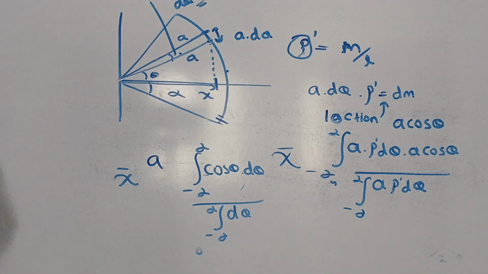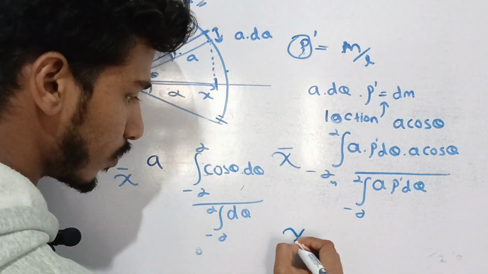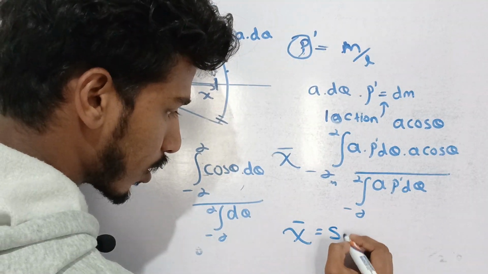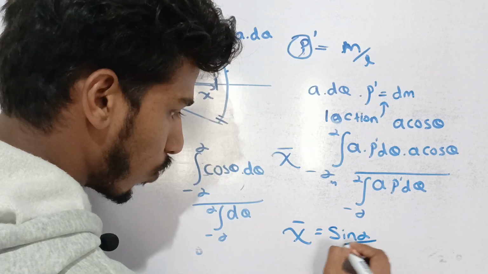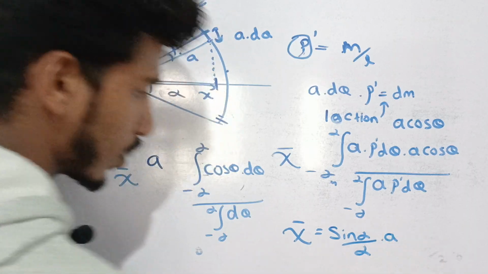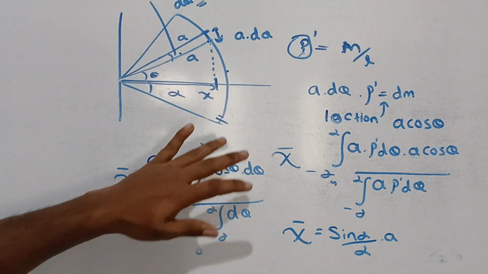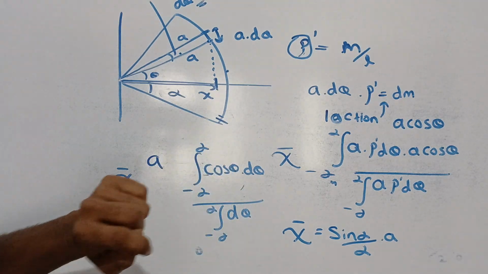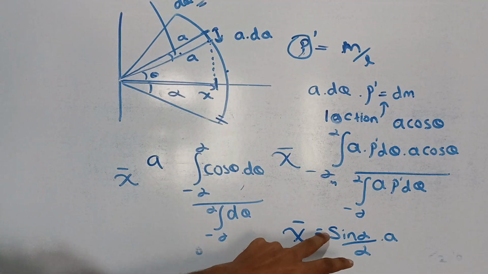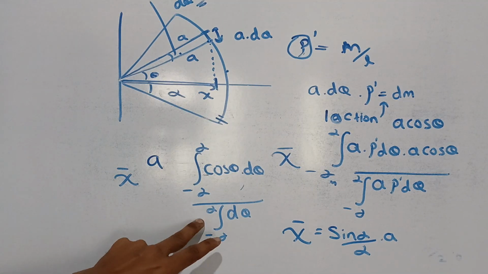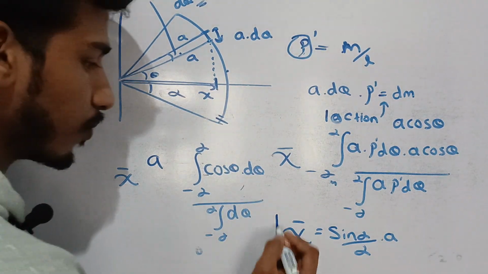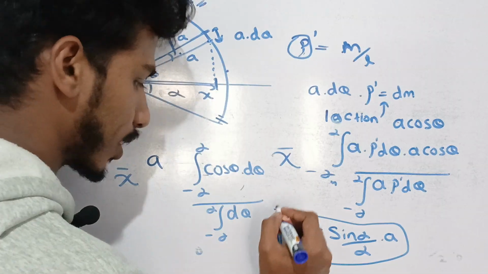So we'll have an answer of sin alpha over alpha times the radius, because the limits give 2 sin alpha in the numerator and 2 alpha in the denominator, which cancel off. This is the center of gravity of a uniform arc, not a sector.